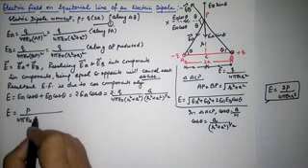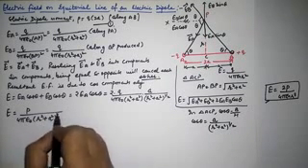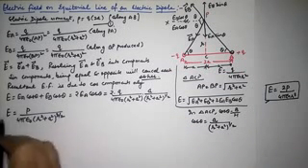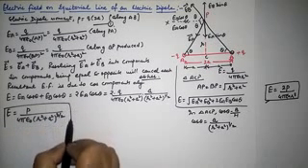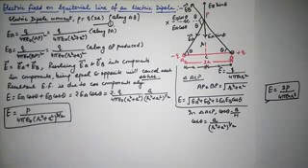So it becomes r square plus a square whole raised to power 3 by 2. Powers will add up. Now, this is the expression for electric field on the equatorial line of an electric dipole.